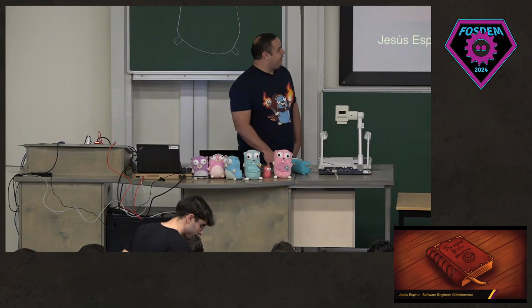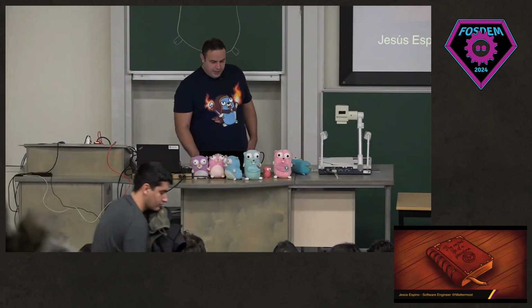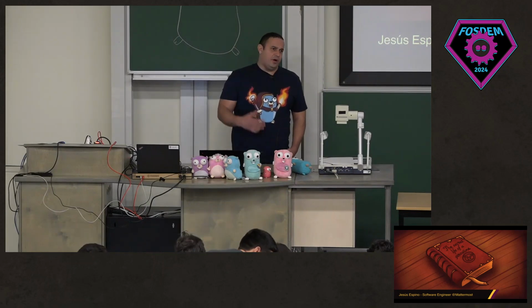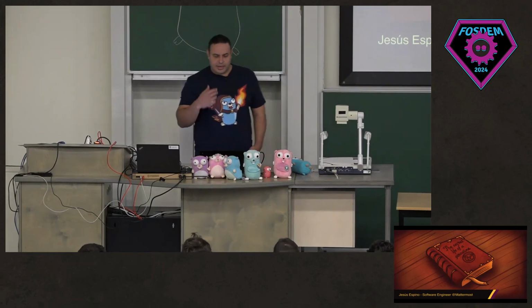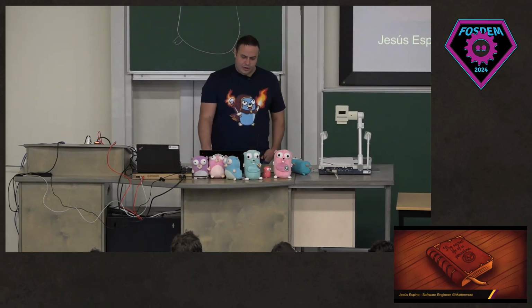Hello, everybody. I'm going to talk about the secret life of a goroutine. This comes from my interest in how Go works internally, and I was investigating how goroutines work internally.